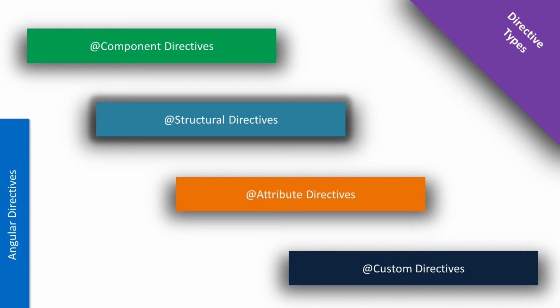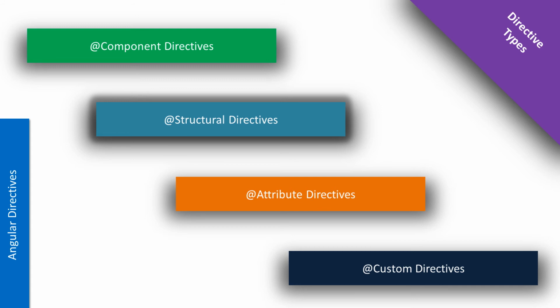Most commonly used structural directives are ngIf, ngFor, ngSwitch. These ng directives will insert the ng templates, and in turn the ng template will render the HTML in Angular. About ng templates and ng directives, we will see in the upcoming videos along with the structural directives.